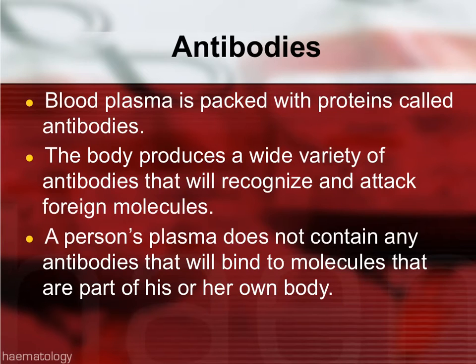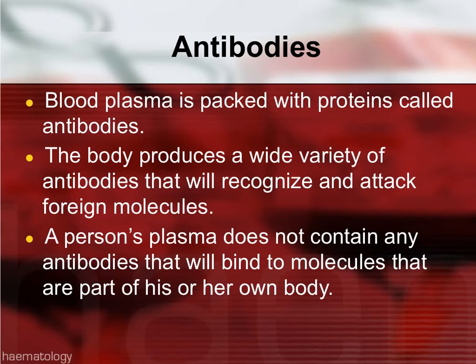Now, why these blood types matter is because of antibodies. So your blood contains antibodies that can recognize foreign material and attack it because it's foreign, so it shouldn't be in your body, is basically what your body is thinking.